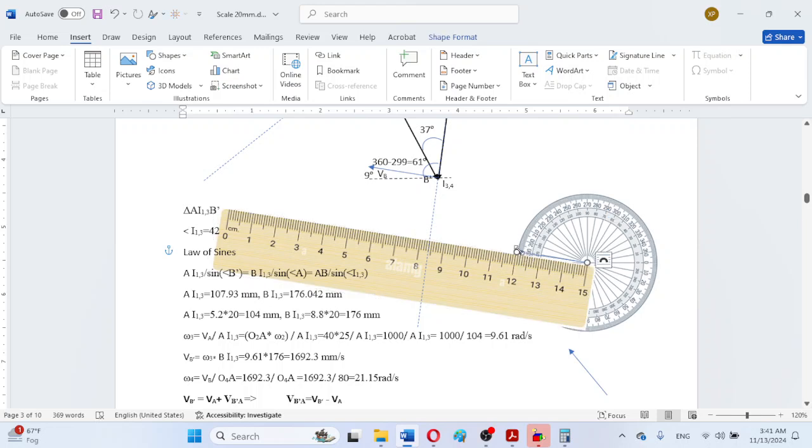So move it here. So this is approximately, we can say, 4.2 centimeter here. 1, 1, 2, 3, 4, 4.2 centimeter in this manner.